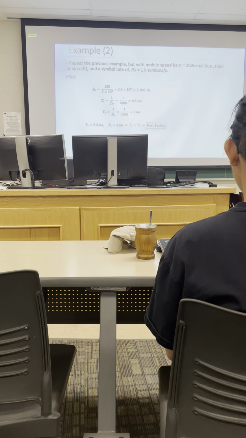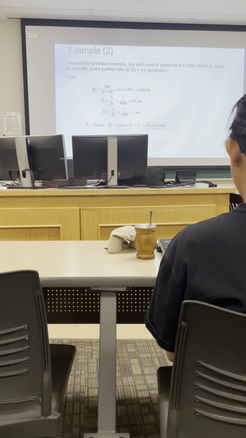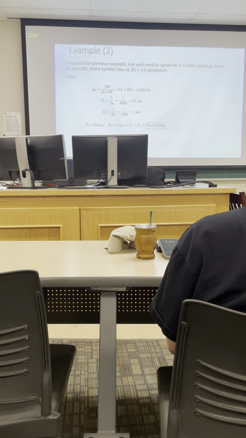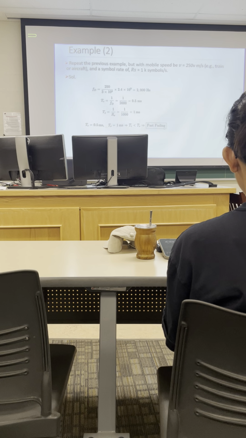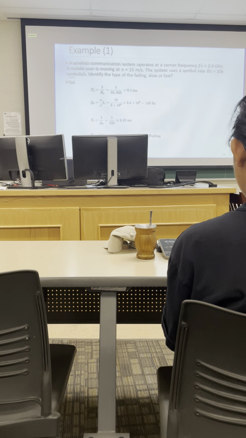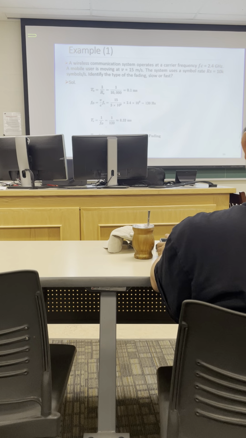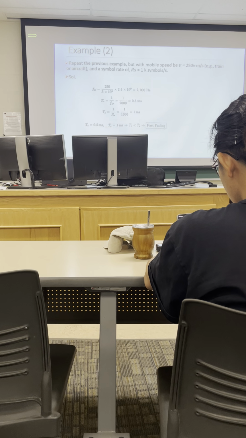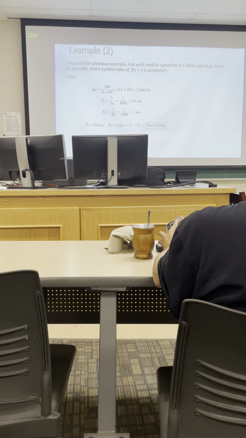Okay, so now I need to identify also the type of fading. So I calculate the Doppler frequency here. I will find the Doppler frequency now because I increase the speed. And instead of having 120 hertz, now I have almost 2K, 2000, right? So the Doppler increased. And from Doppler, I can calculate the TC, right?